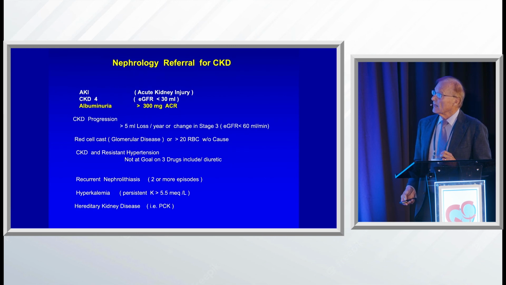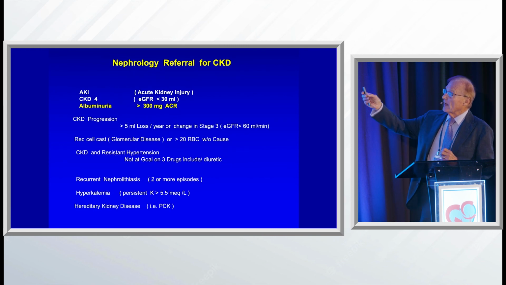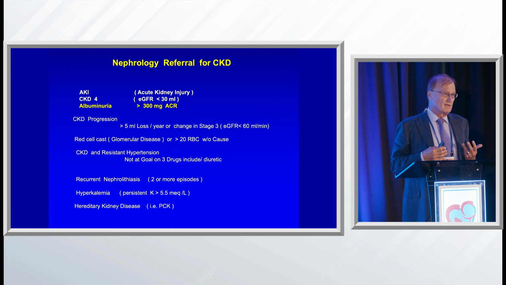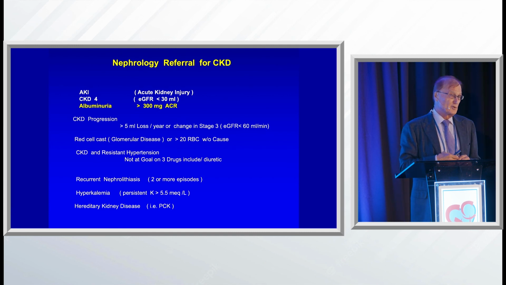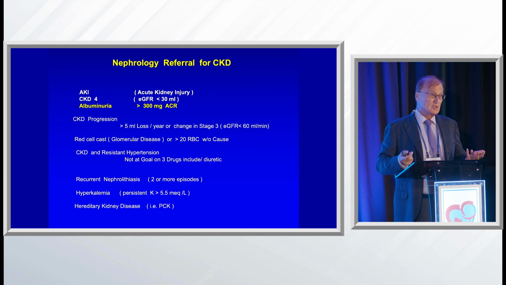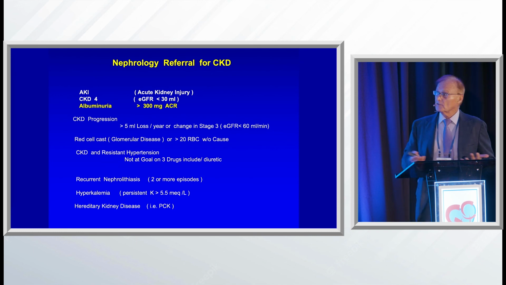And referral: if your albumin is over 300, you've got to do a urine protein and a serum protein electrophoresis. I used to find 3 or 4 myelomas a year, or 1 or 2 amyloids, some light chain disease, so plasma cell dyscrasia.